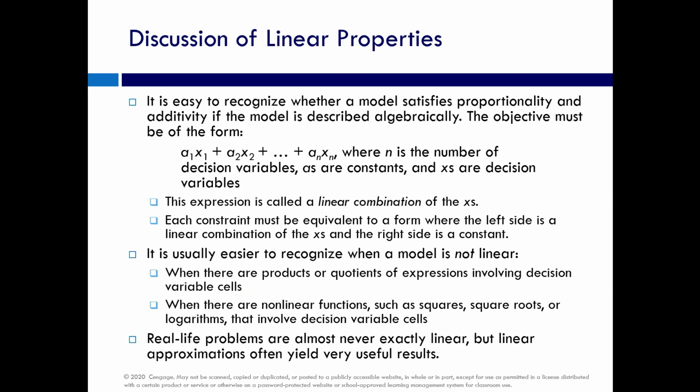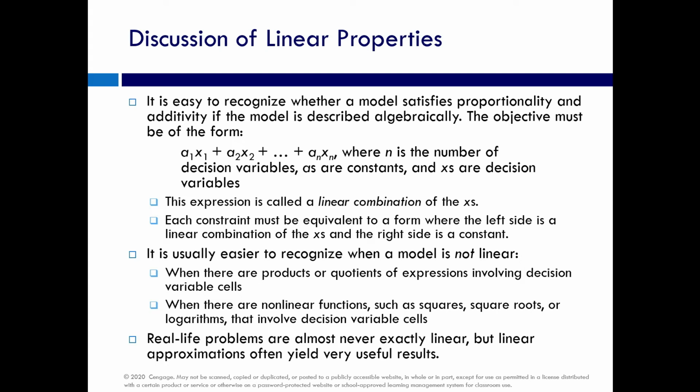Discussion of linear properties. It is easy to recognize whether models satisfy proportionality or additivity. The objective must be a sum of terms, each a constant times a decision variable. This expression is called a linear combination of the x's. Each constraint must be equivalent to a form where the left side is a linear combination of the x's and the right side is a constant.